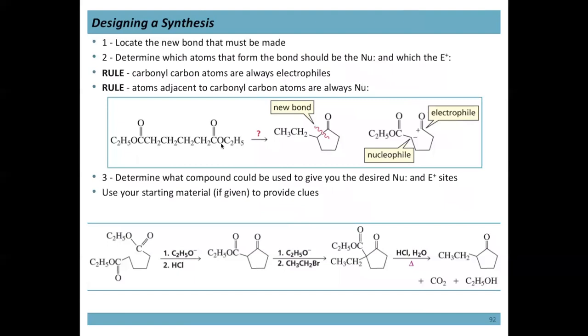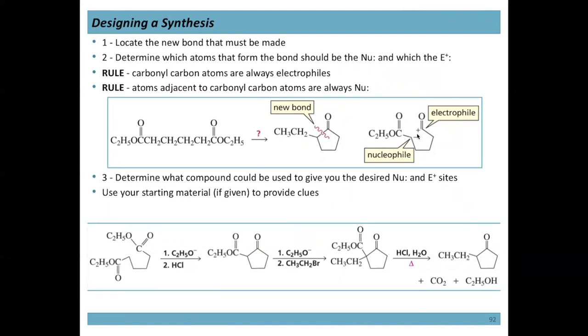Notice it's a diester, so we're going to be able to do a Claisen-like reaction with it. I need to make a ring, and find some way to also put this alkyl group on there. So this is a little bit more of a challenging one. They give us kind of a hint over here of what we need to do.